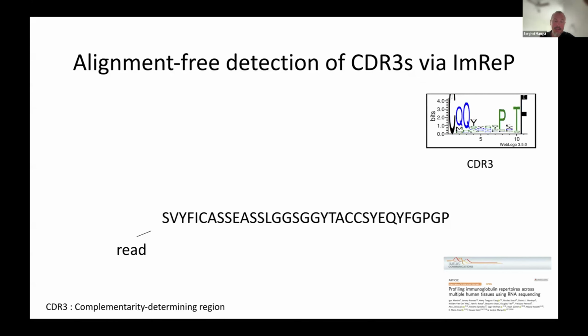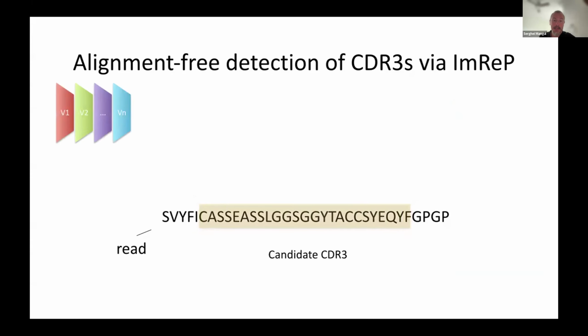The definition tells you that the CDR3 sequence always starts at the cysteine and ends with the phenylalanine. So we can scan the read from left to right until we find the cysteine, and do the same from right to left until we find the phenylalanine. And that's our candidate CDR3 sequence. That was not that hard.